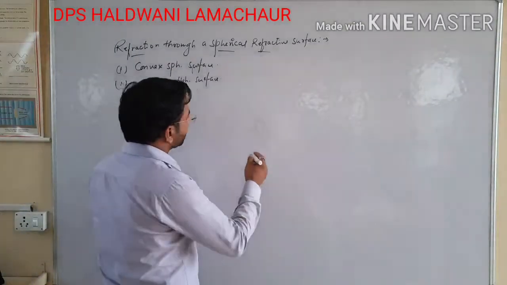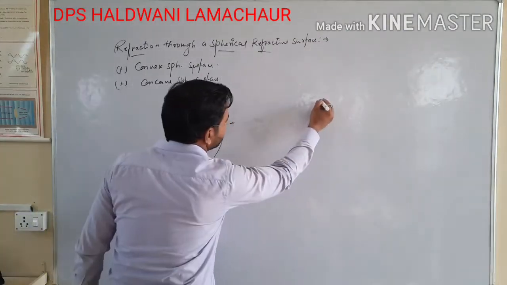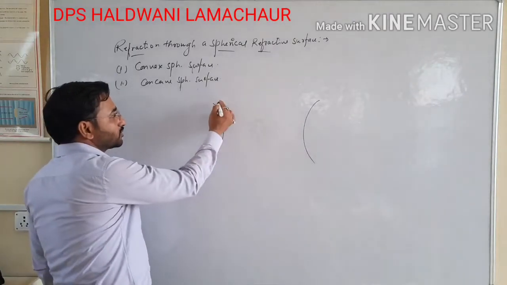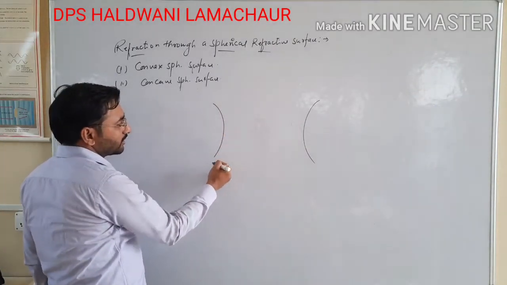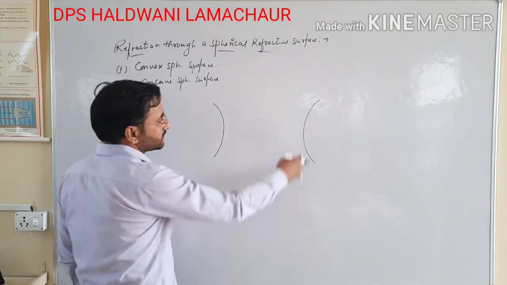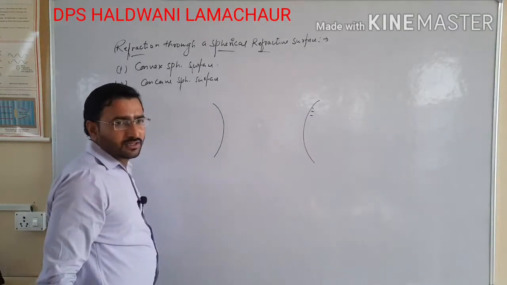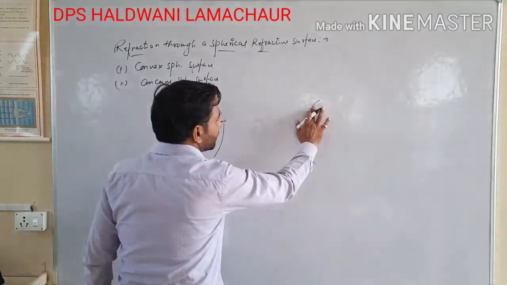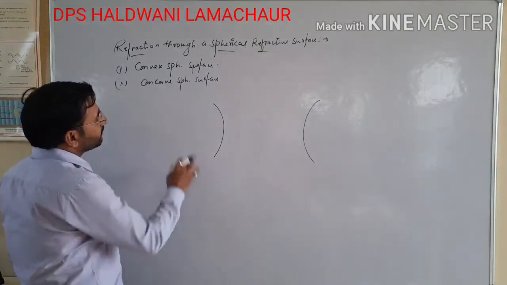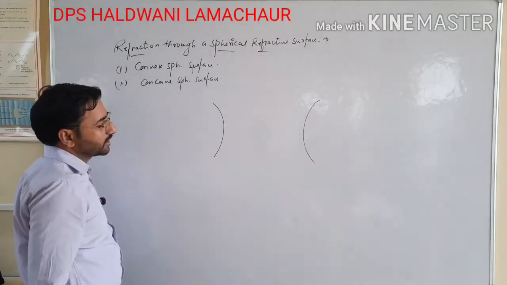So when we talk about the type of surface, how do we define whether a surface is concave or convex? If the outer part is shaded, it is like a concave surface, and if I shade the inner part, it becomes convex in nature.